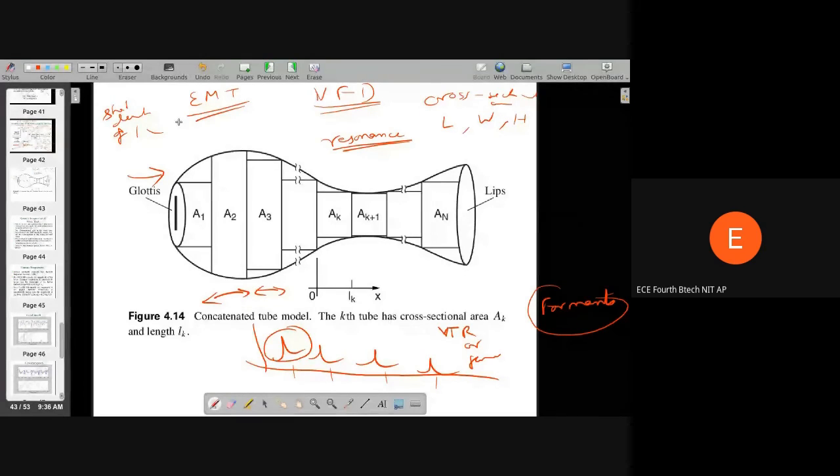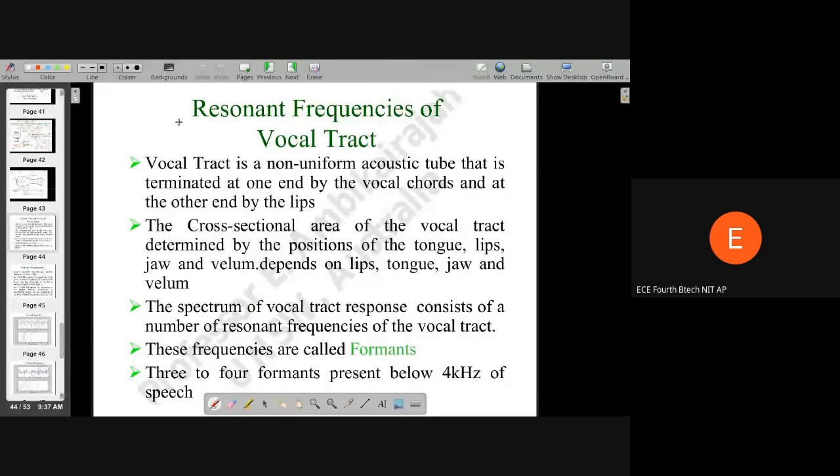So we'll first try to model this for voiced speech. The vocal tract is a non-uniform acoustic tube, terminated, where cross-sectional area varies. The spectrum of the vocal tract consists of a number of vocal tract resonances, and these are called formants.